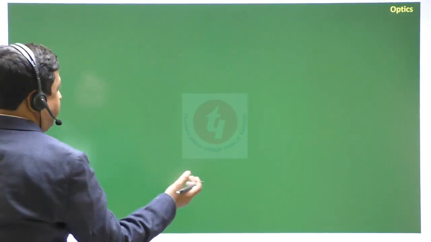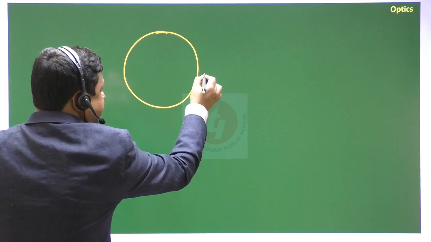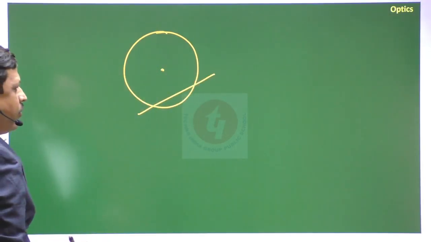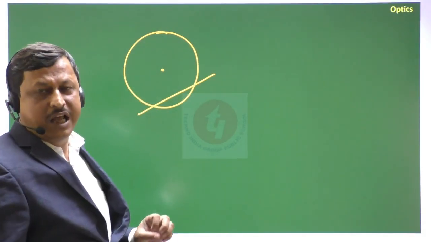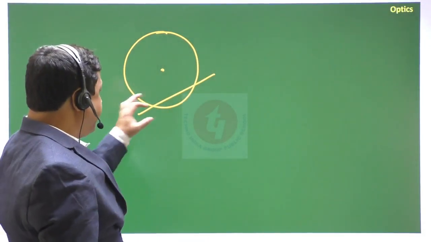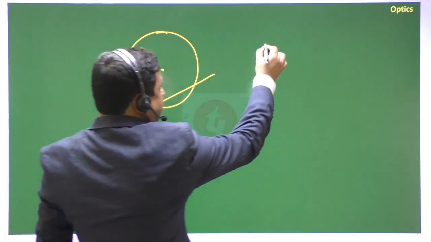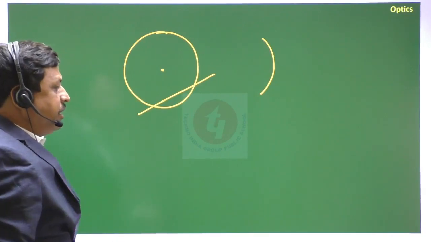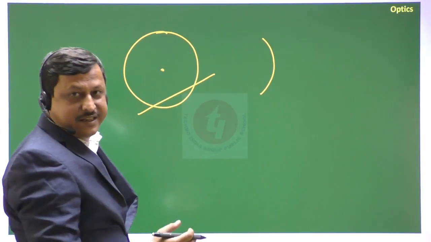Any type of curved mirror is prepared by taking a section of a hollow spherical glass, and you have to prepare a reflecting surface.